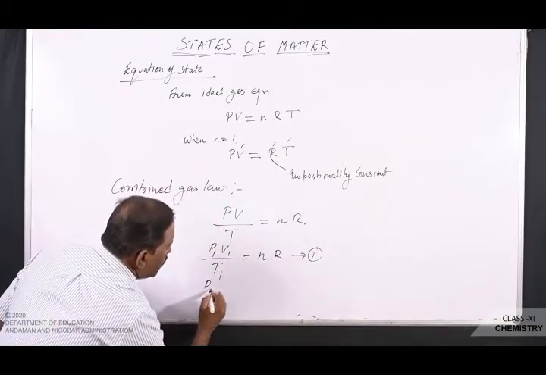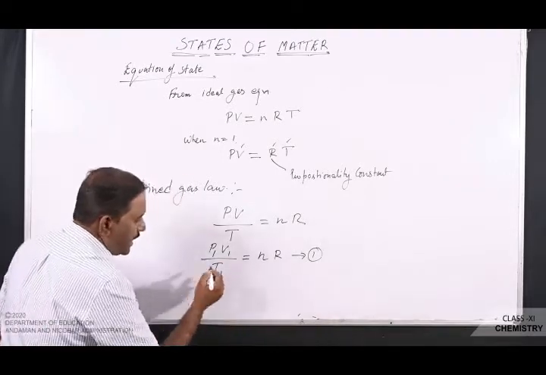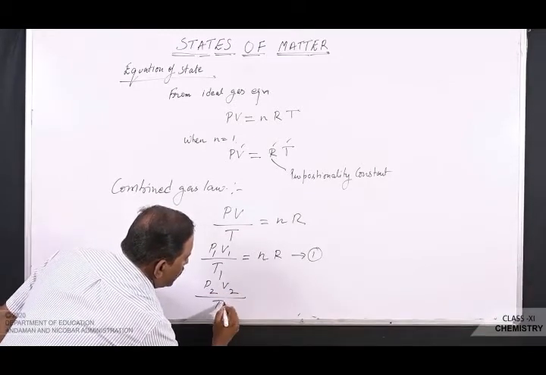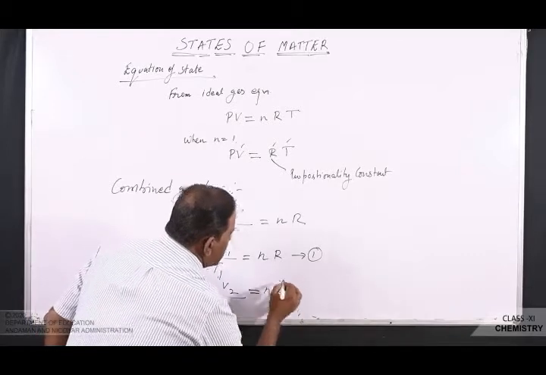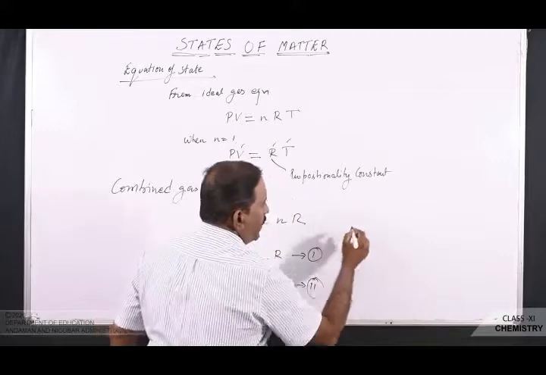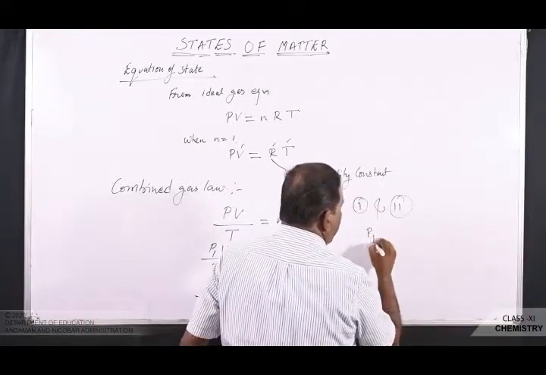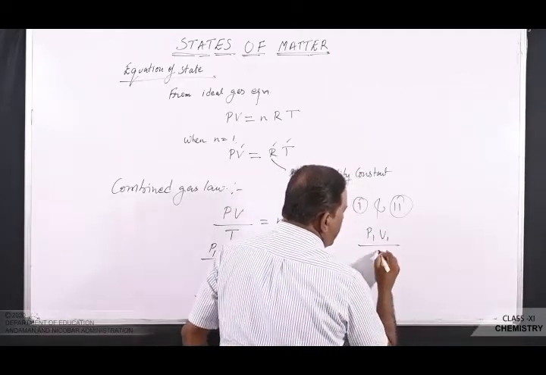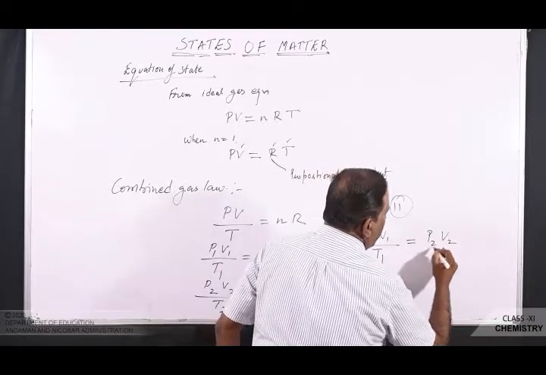Similarly, for the change in any state of the variables, we can write P2 V2 by T2, which will give nR. So combining both 1 and 2, we get a new equation, that is P1 V1 by T1 is equal to P2 V2 by T2.